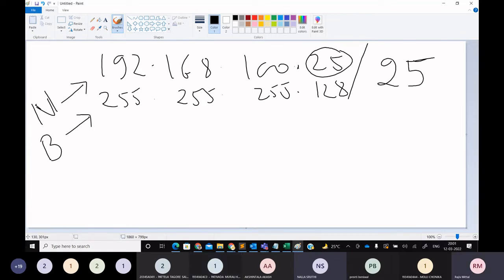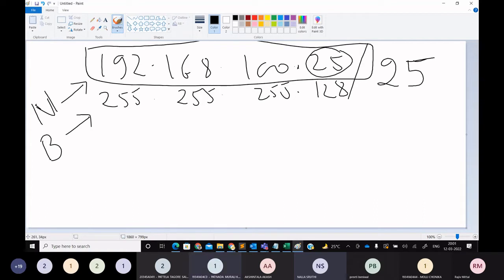Let's say we want to identify the network address for this particular IP. How to find it? I could convert it to binary, but that is a long method. Is there a short method? Let's say I don't want to go into the binary method and want to do it faster.